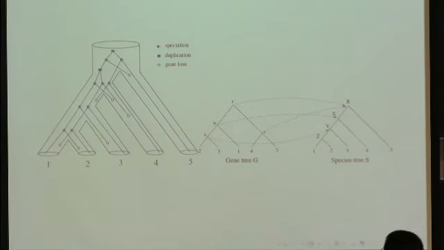In this way, we can also encode this scenario, which is a little bit more complicated, by a gene tree and a map. My motivation is to unify these approaches and get a simpler way of thinking about it.